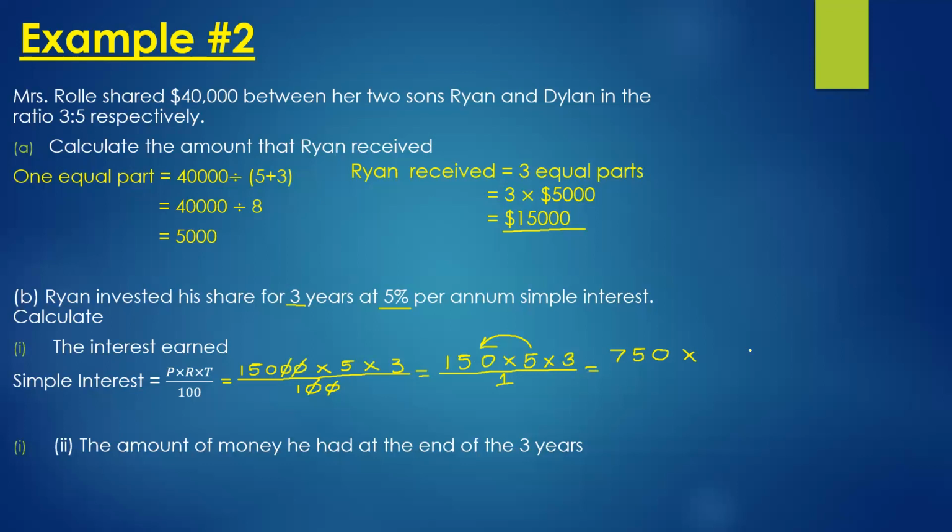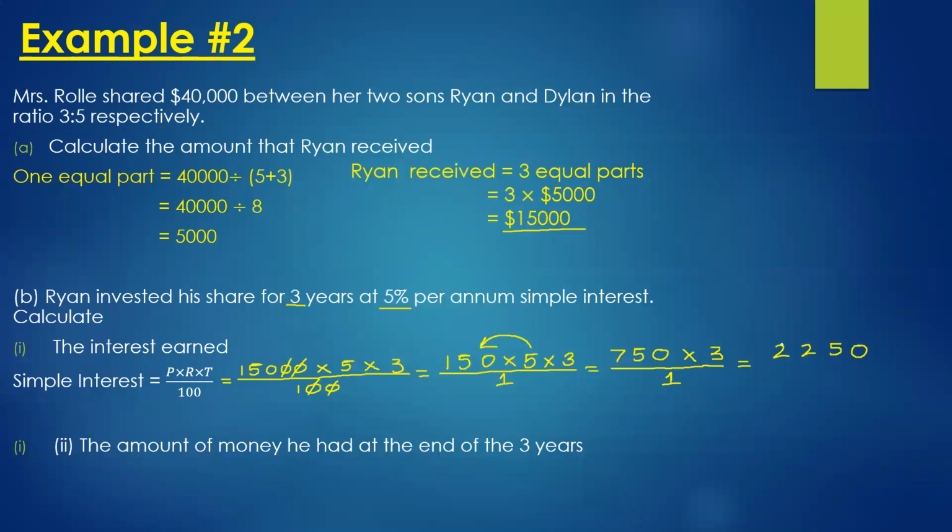So 750 times what? 3? 2,250, all over 1. What did you get? 2,250. Good.